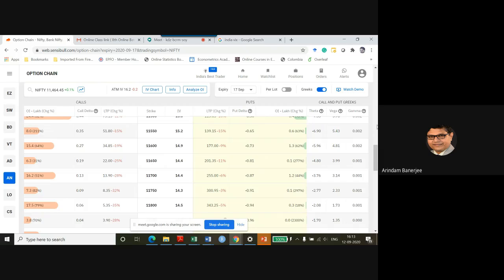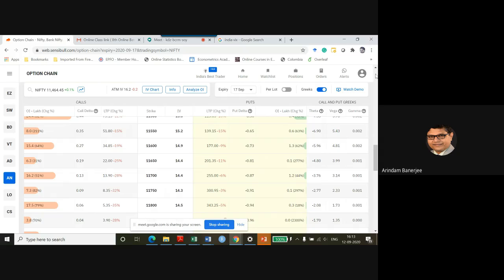Because the probability that, say, the 11,800 call will expire in the money on 17 September is very, very small. That is the reason, and also when the underlying moves, this call premium will not move in tandem. Why? Because its delta is less.